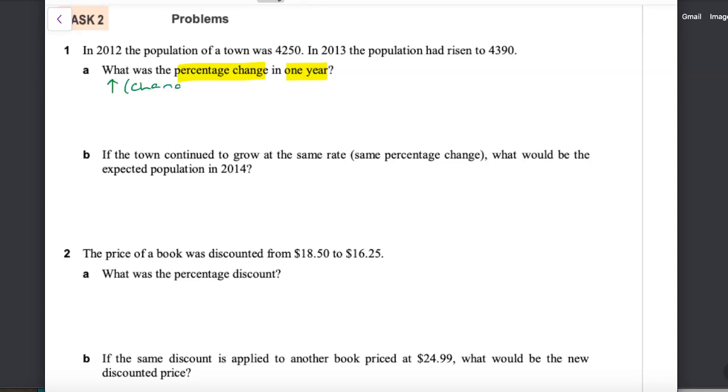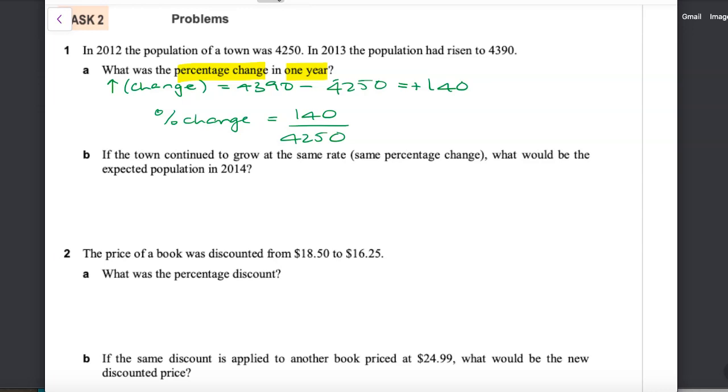So the change is 4,390, subtract what it was previously, which was 4,250. That will give me an increase of 140 people. So my percentage change will be the change, which was 140, out of our original amount, which was 4,250 people. And as a percentage, we need to times by 100, and we get 3.29%.